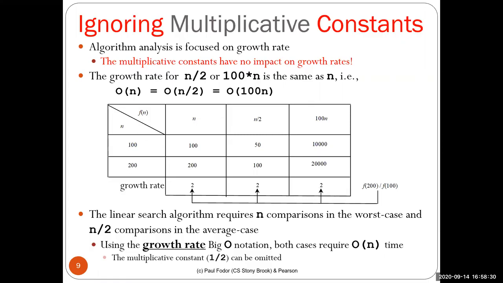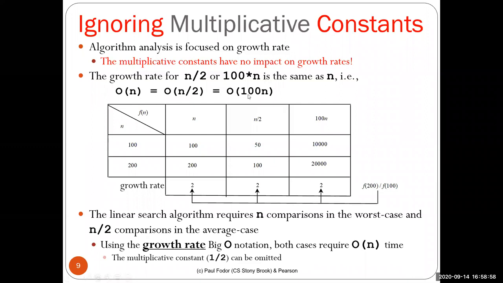So all of these have the same growth rate, O of n, because O of n is equal to O of n divided by 2 and is equal to O of 100 multiplied with n, and so on. So the growth rate does not directly translate into the number of steps that the algorithm takes.